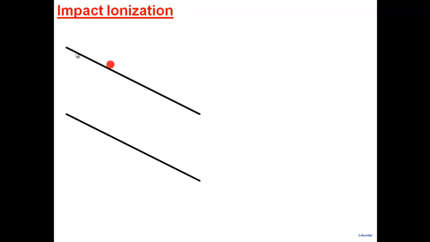Note that the electron is accelerating, right? So the energy that it lost from here to here, it can use to create another electron hole pair, through a process that we call impact ionization. It's sort of the electron transferring its energy to the lattice and creating another electron and another hole pair. Okay. So it's ionizing.